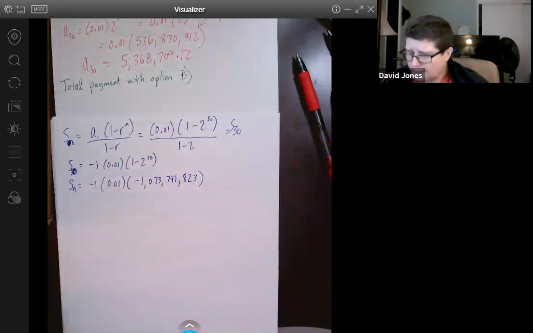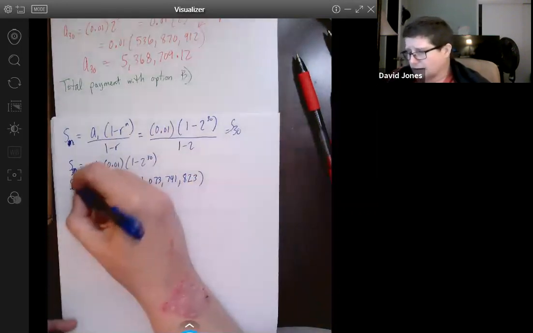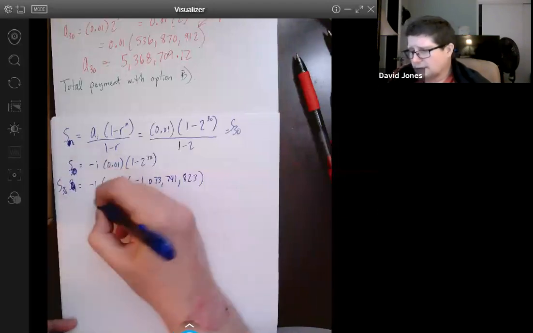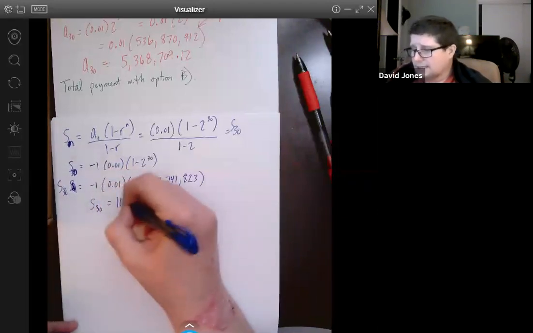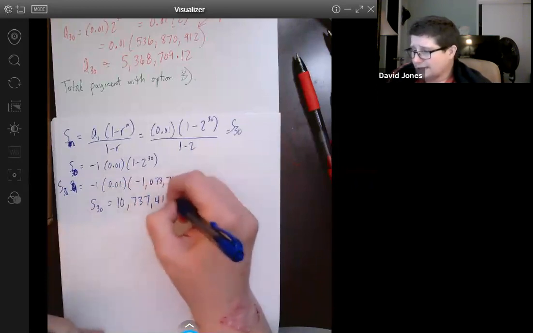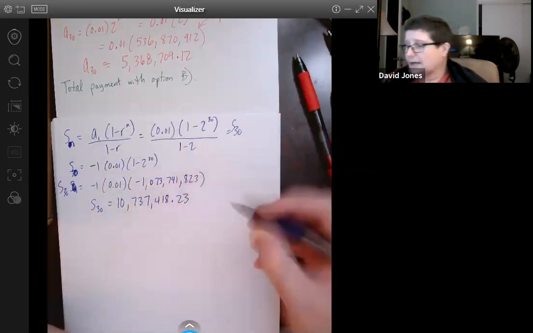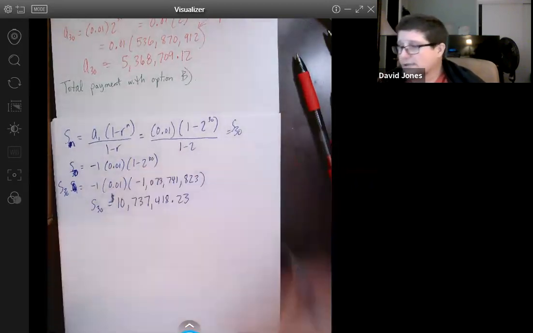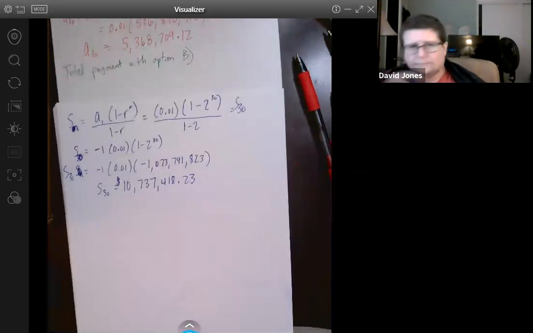Now I multiply that by negative 0.01. S sub 30 is $10,737,418.23. Interesting, right?